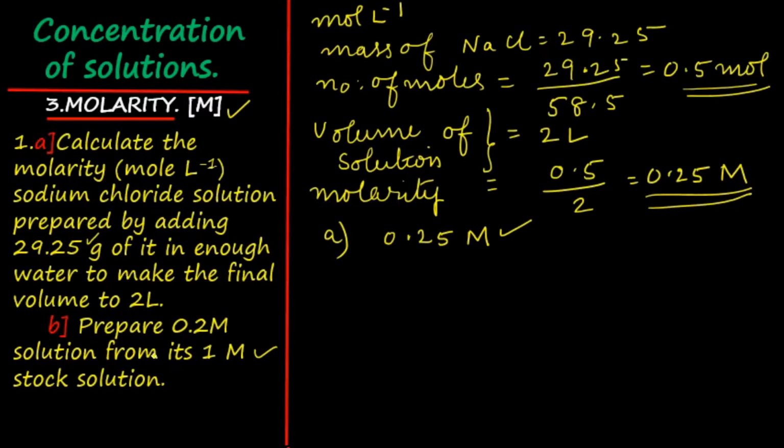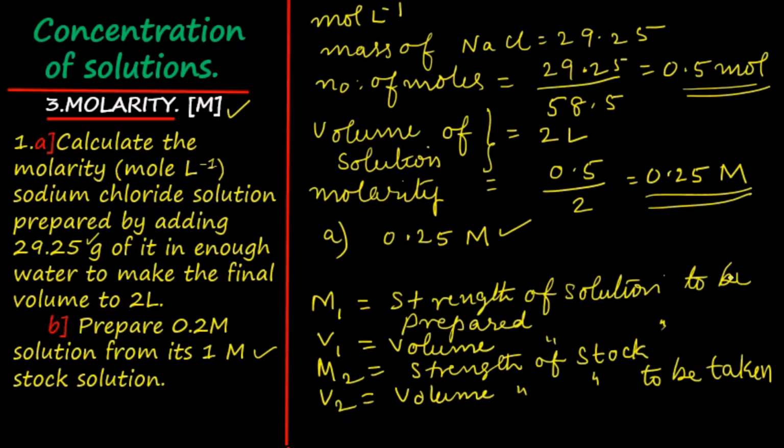There is a simple formula which can be used to find out the volume of the stock solution to be taken. Let M1 be the strength of the solution to be prepared, V1 volume of the solution to be prepared, M2 strength of stock solution, V2 volume of the stock solution to be taken. Then there is a simple expression, M1 V1 is equal to M2 V2.